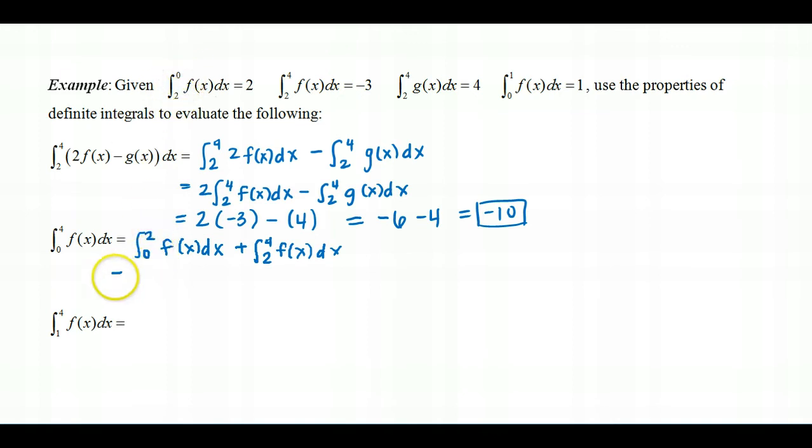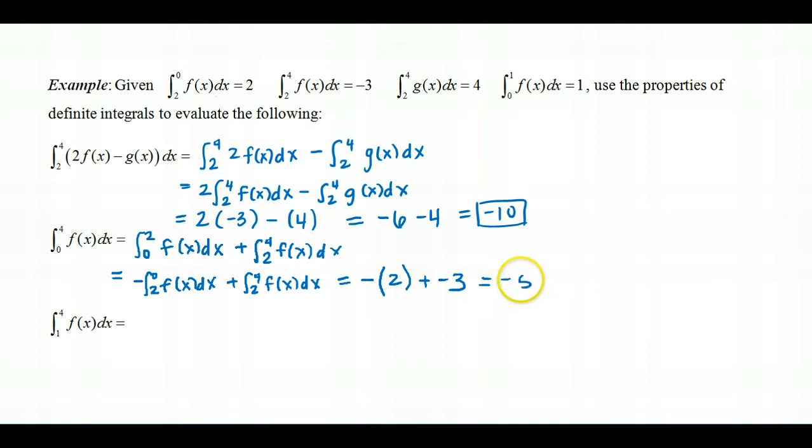So what we're going to have to do is rewrite this as negative the integral from 2 to 0 of f of x dx plus the integral from 2 to 4 of f of x dx. Now we have negative, well, the integral from 2 to 0 was 2, plus the integral from 2 to 4, which was -3. So -2 plus -3 gives me -5.